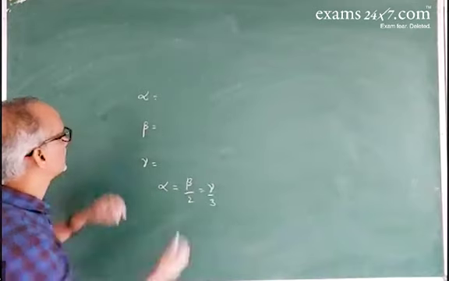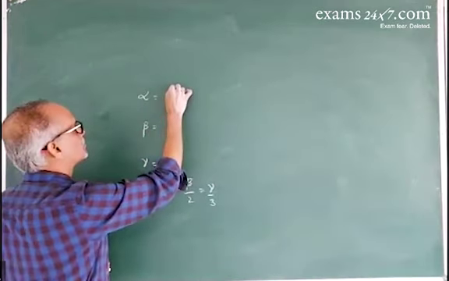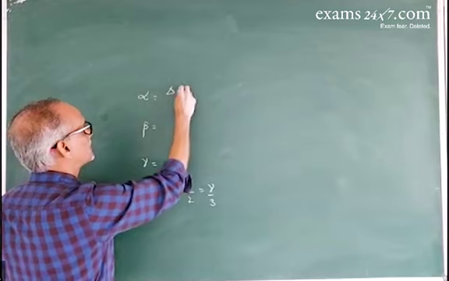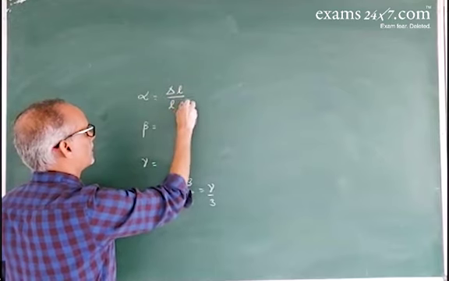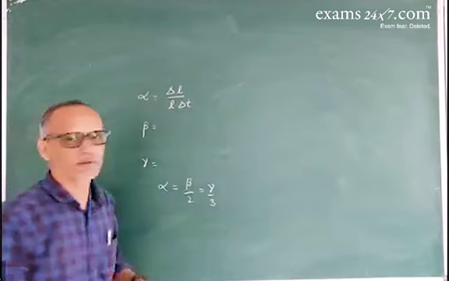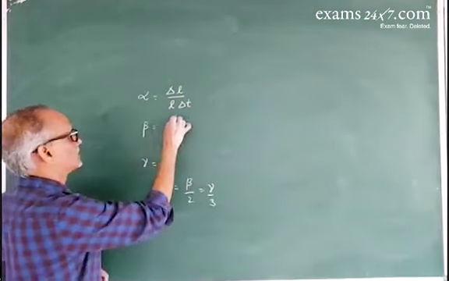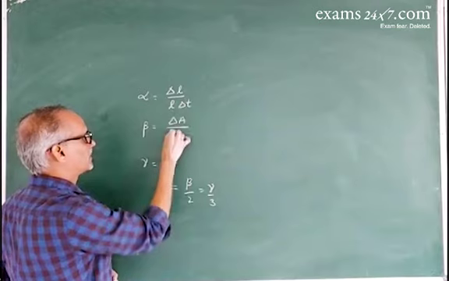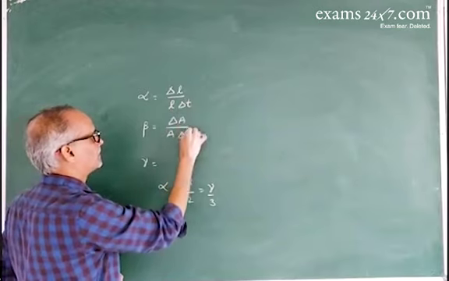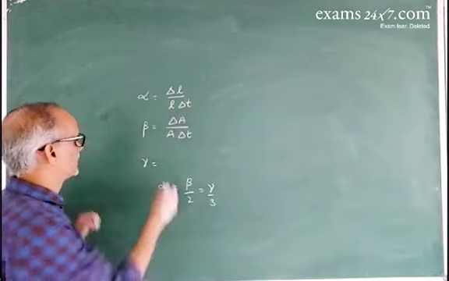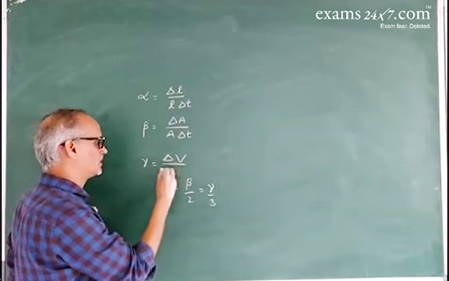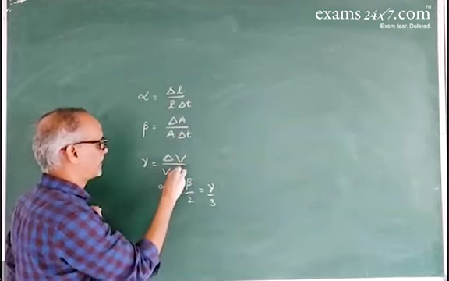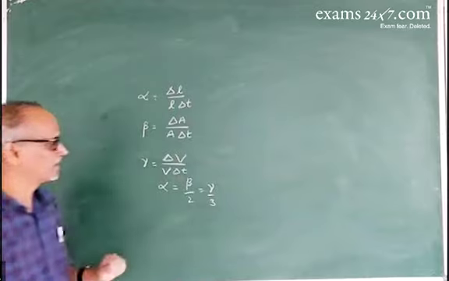What is alpha? Alpha is the change in the length to the original length per degree centigrade rise in temperature. Beta is the change in area to the initial area per degree centigrade rise, and finally gamma is the change in the volume to the initial volume per degree centigrade rise in temperature.